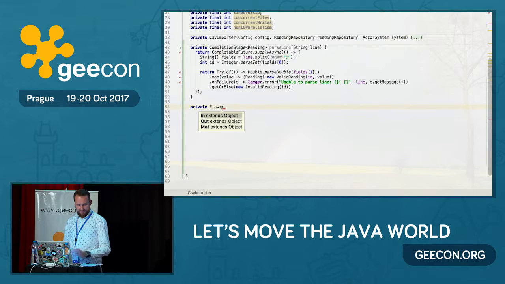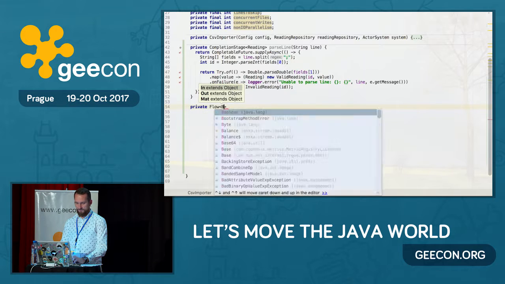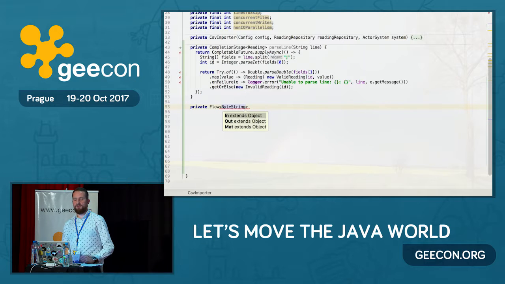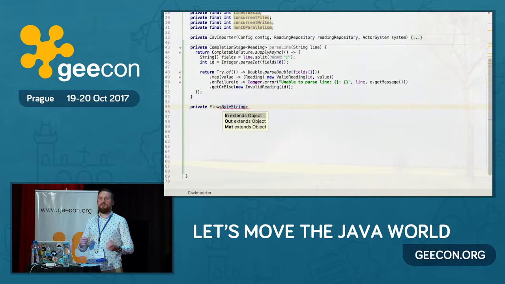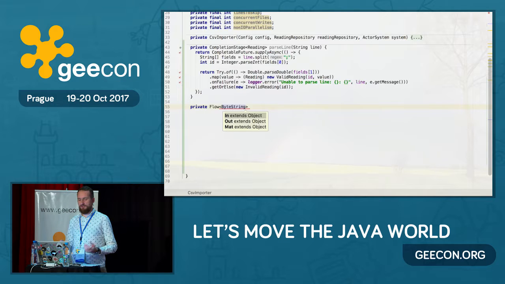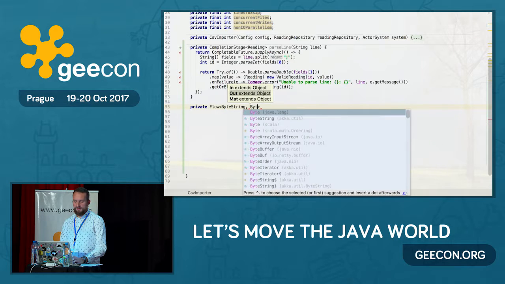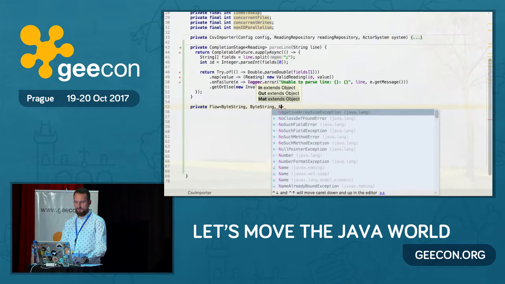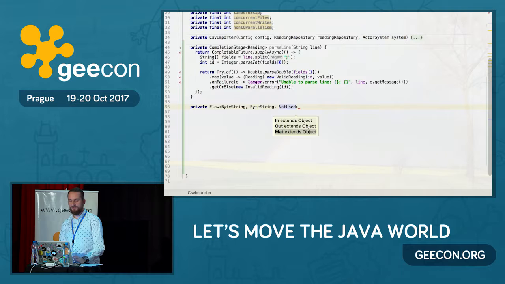In our case, the input type of this line delimiter is going to be something called a ByteString. It's basically an Akka type for a sequence of bytes. The output type is also going to be a ByteString, because we're going to be consuming bytes from the file and then splitting them by a newline and emitting sequences of bytes that form a line from the file. And since we are going to ignore the materialized value here, we're going to use a special type called NotUsed.